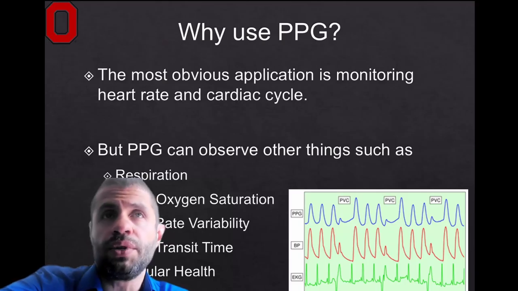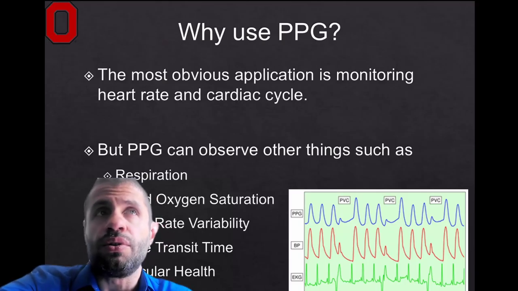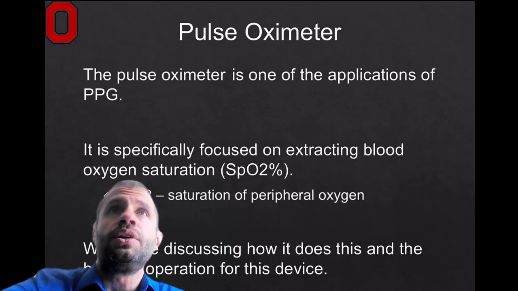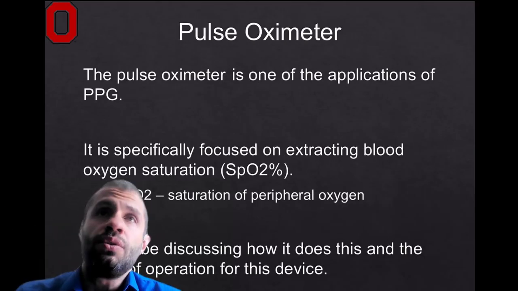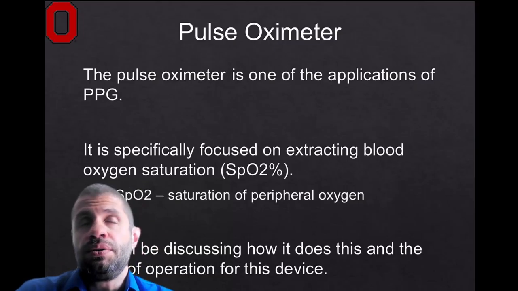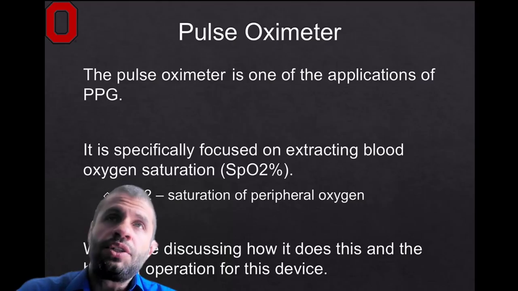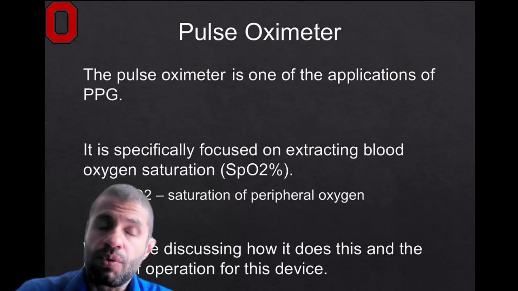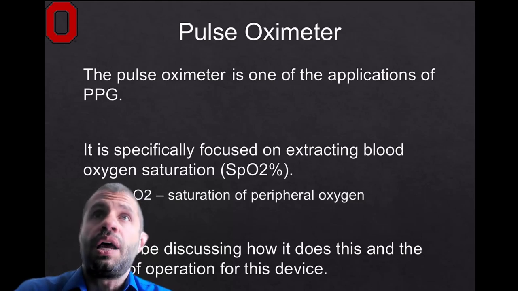If you're getting weaker readings, you can infer some issues with the peripheral blood supply. So the pulse oximeter specifically is one of those applications within PPG. You might hear it as SpO2 measurement or blood oxygen measurement. So this is the application that we're going to be focusing on in this lab.